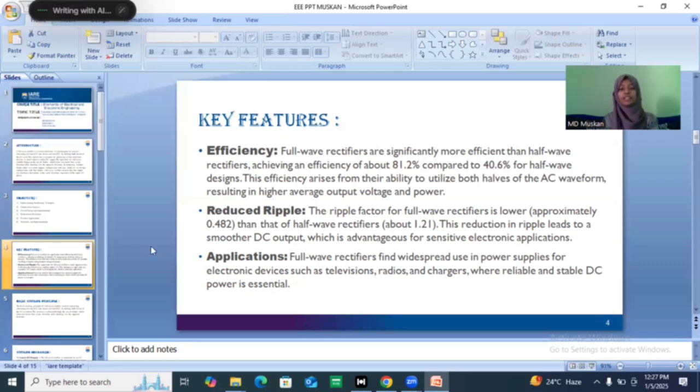Next, coming to applications, full wave rectifiers find widespread use in power supplies for electronic devices such as televisions, radios, and chargers, where reliable and stable DC power is essential. These are the key features I just discussed: efficiency, reduced ripple, and applications.